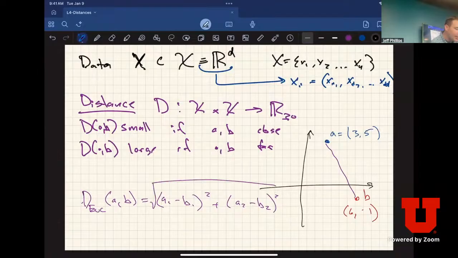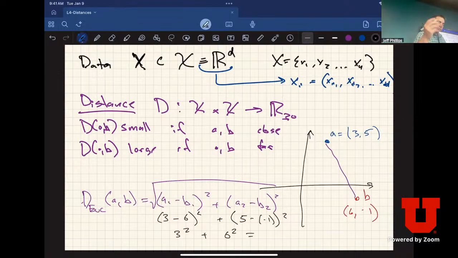So in this example, this would be (3 minus 6) squared plus (5 minus -1) squared. This is 3 squared plus 6 squared, and this would be 45, square root of 45.